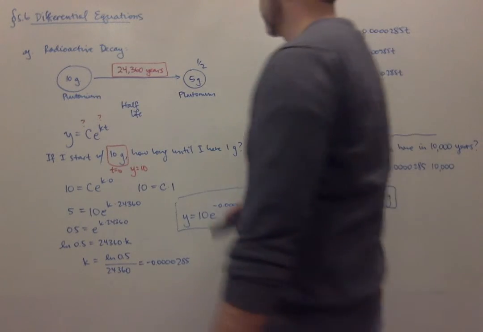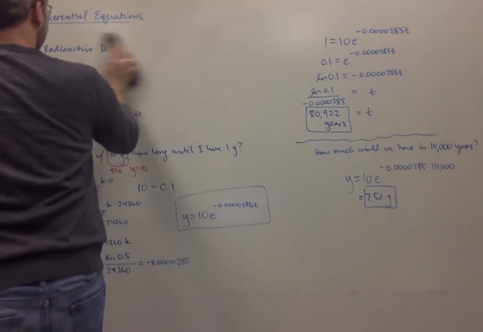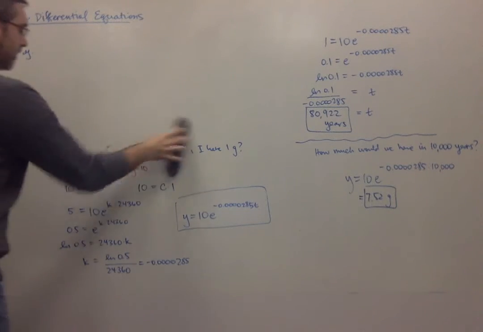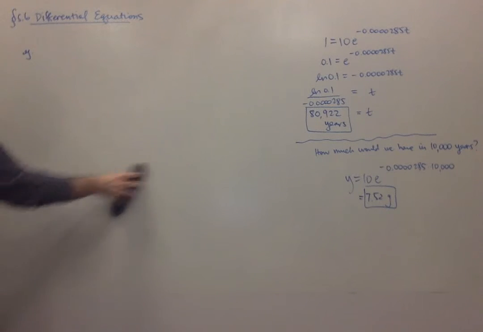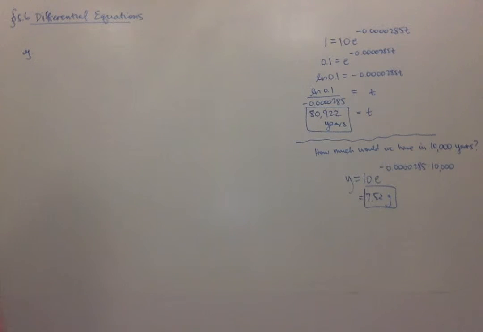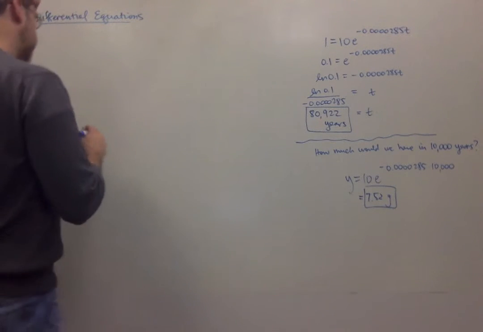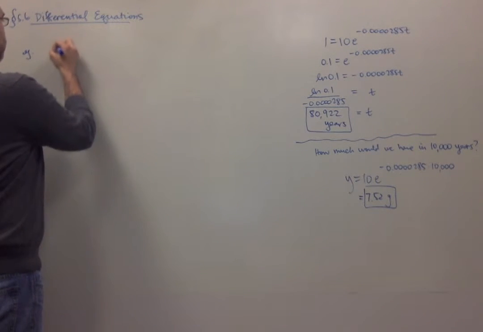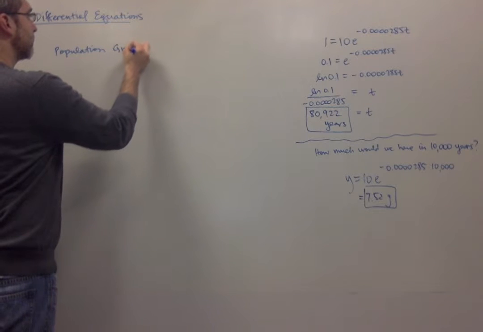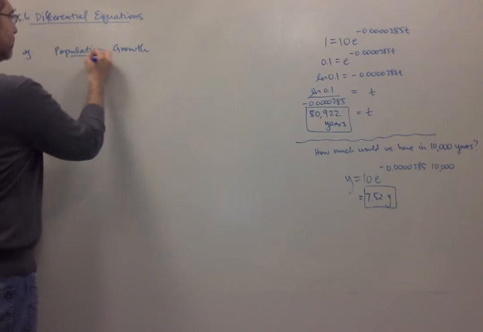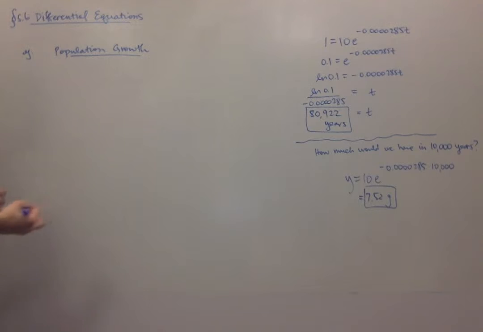Okay, let's do another example here. One other thing that ends up being true, that ends up having an exponential growth and decay type relationship, is actually population growth. Okay, so let me give you an example here.